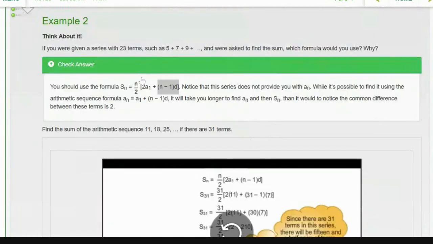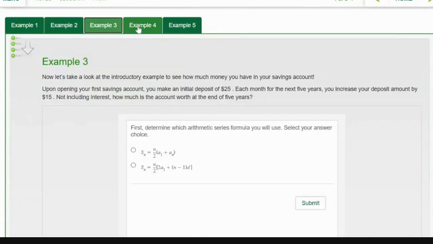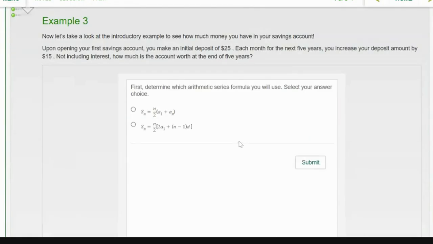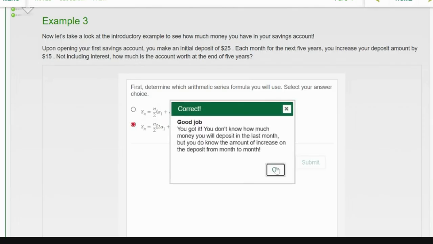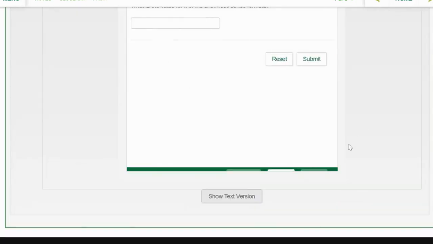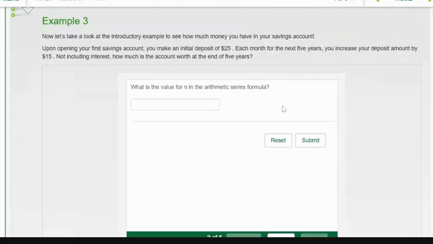So, all right, there are more examples there. Looking at a savings account, which formula would you use if you had $25 and over the next 5 years you increase your deposit by $15? What's it worth at the end of 5 years? Well, we don't know the last deposit, so you'd have to use that one. Good job. And it'll walk you through that problem as well. What is n?